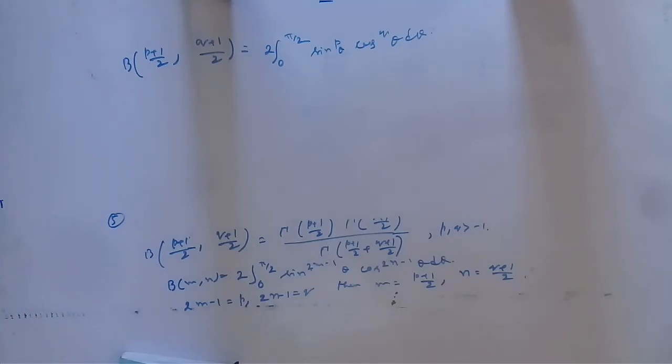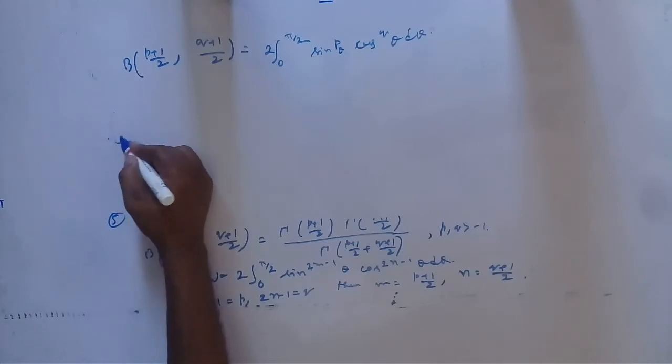So 2 into integration 0 to pi by 2 sin to the power p theta cos to the power q theta d theta. So hence the proof.